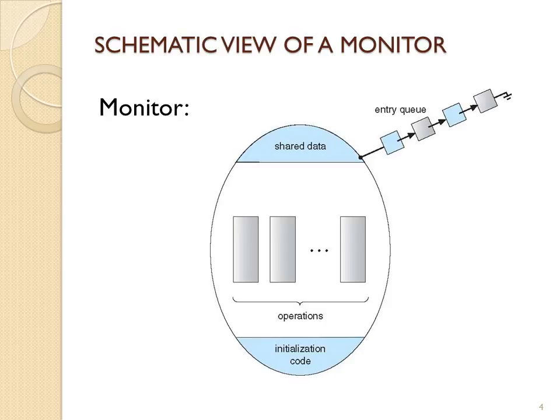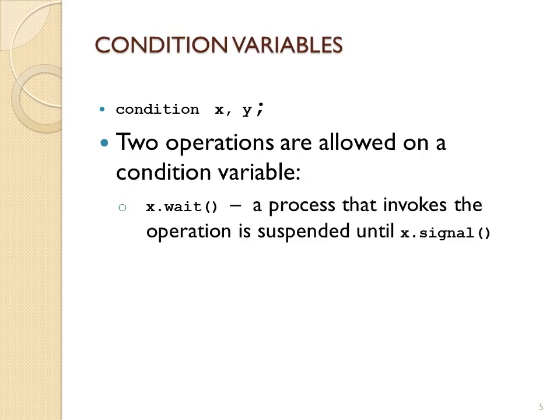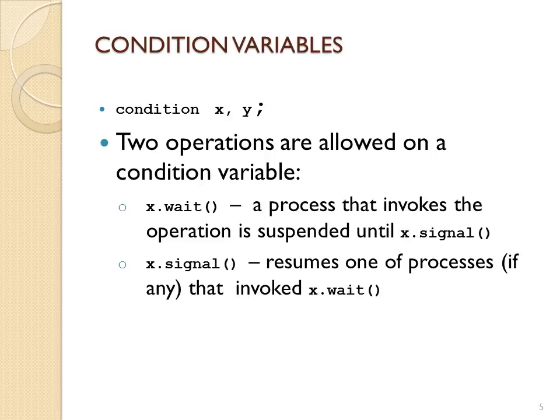And the only way for a process to become inactive in the monitor is to either be using the critical data or using the resource, waiting on a condition variable for that resource, or finished with the resource. So there are condition variables.